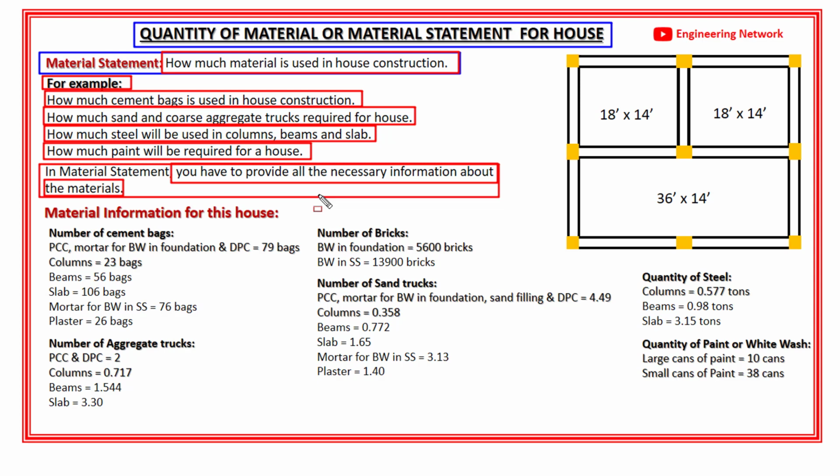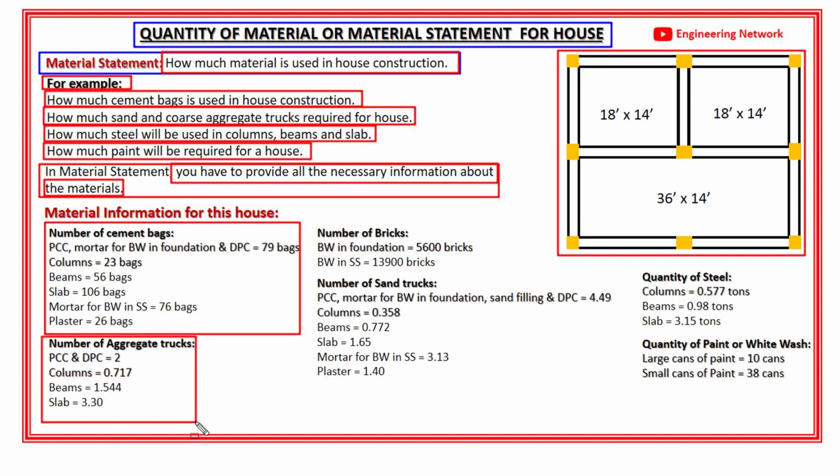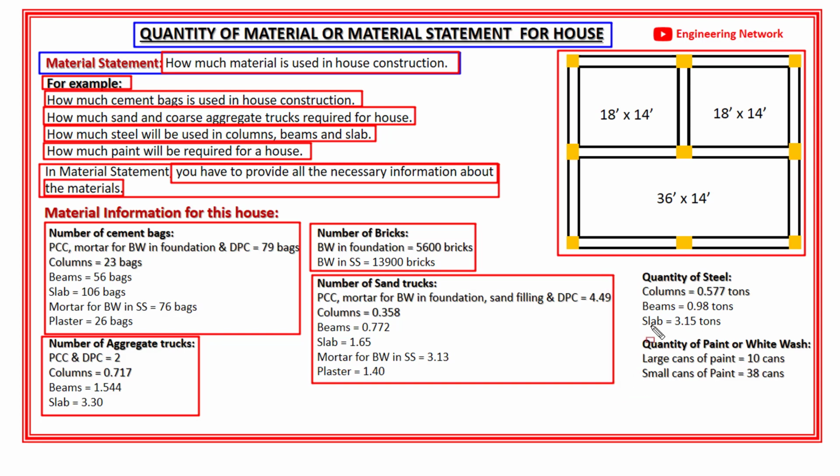Now for this house, I have found the number of cement bags and sand trucks used in PCC, mortar for brickwork in foundation and in superstructure, in DPC, columns, beams, slab and in plaster. And also I have found the number of coarse aggregate trucks used in PCC, DPC, columns, beams and slab.